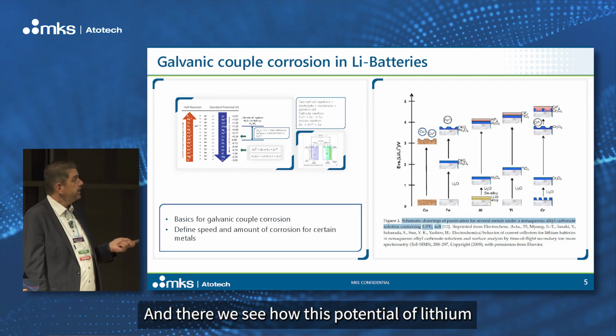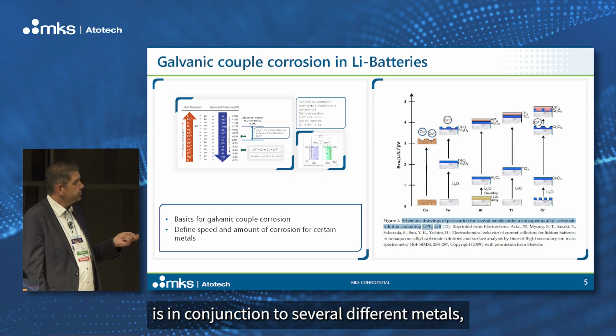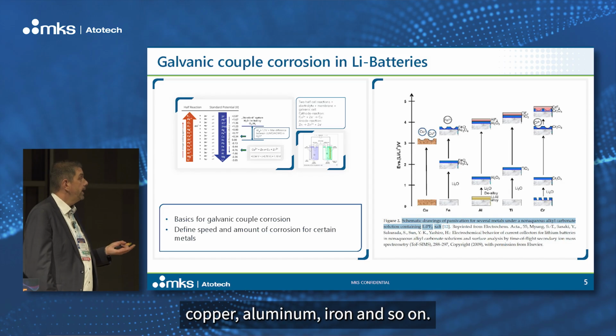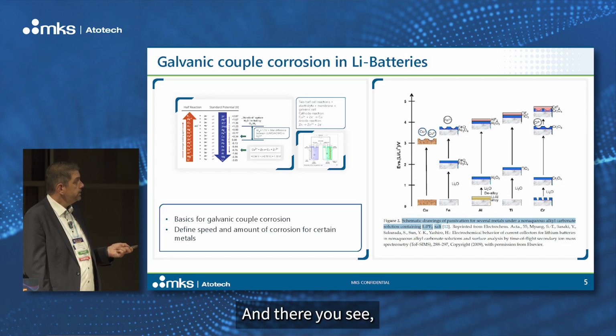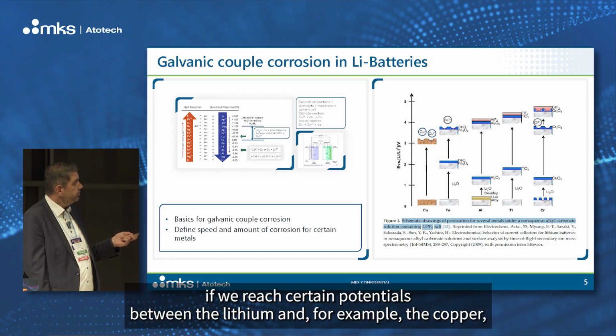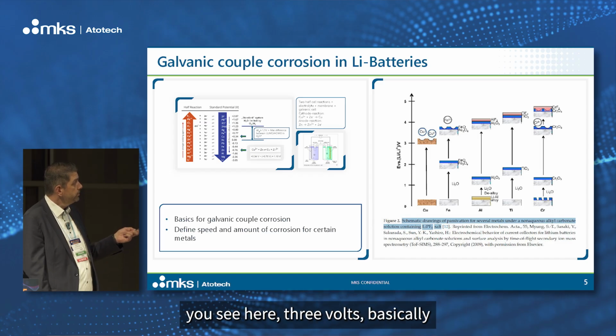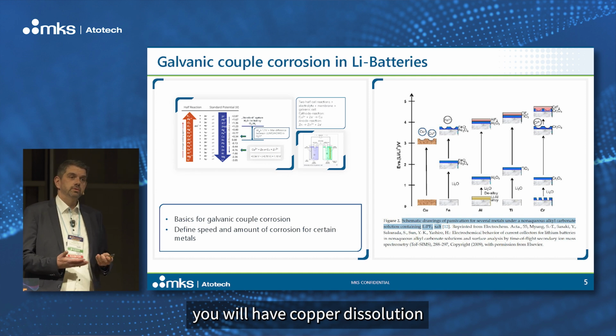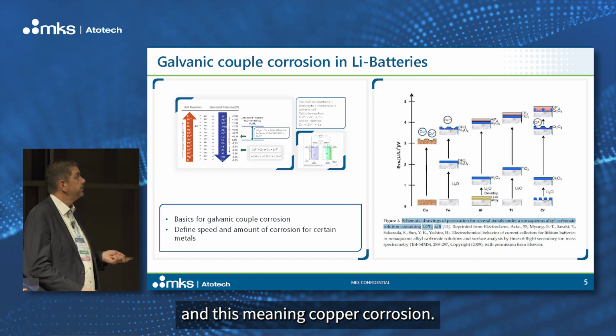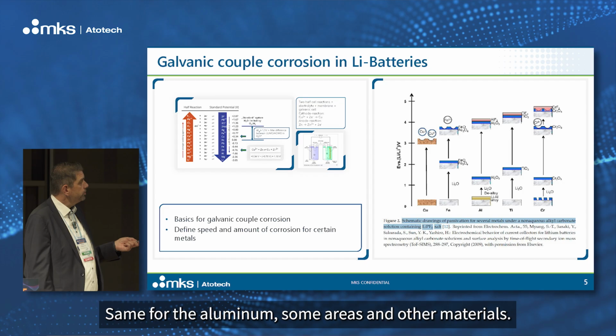And there we see how the potential of lithium is in conjunction with several different metals: copper, aluminum, iron, and so on. If we reach certain potentials between the lithium and, for example, the copper, you see here 3 volts, basically, you will have copper dissolution, meaning copper corrosion. Same for the aluminum in some areas, and other materials.